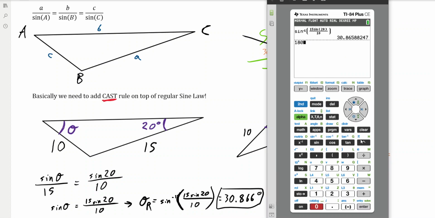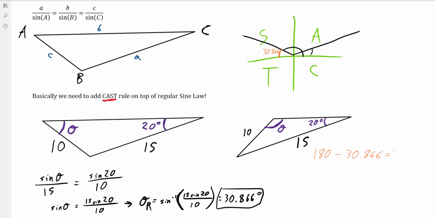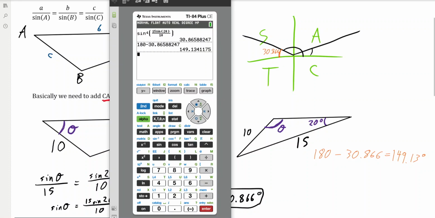So 180 minus 30.866, whatever, 149.13 degrees. I believe that's correct. Let's just double check. Yes, indeed, that is right.